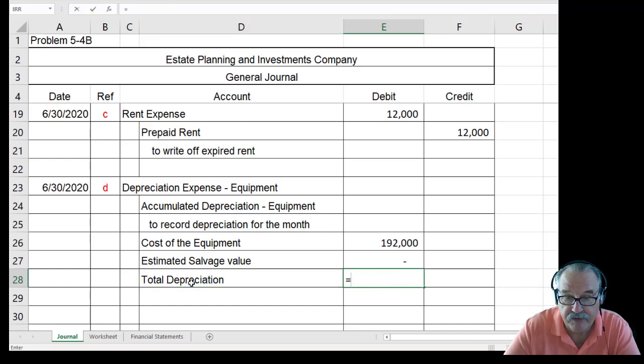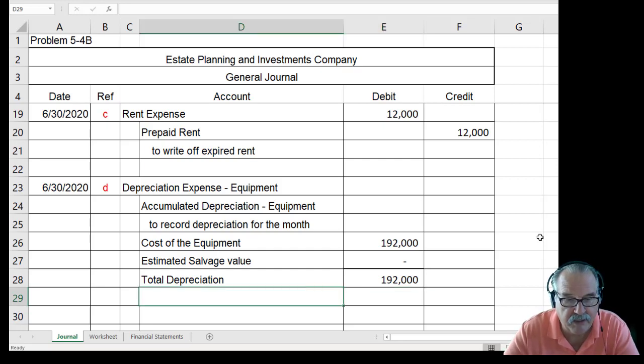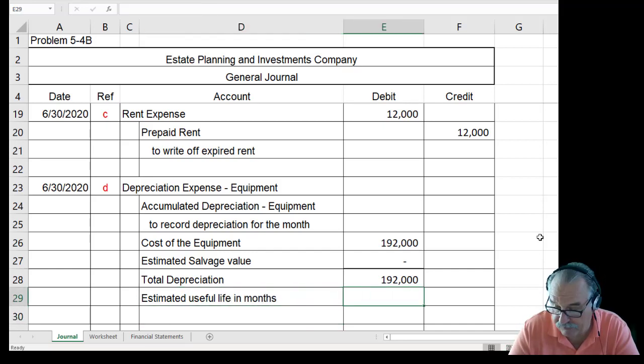So our total depreciation, that means from the time we started using it to the time that we're going to not use it anymore, which is 5 years, we're going to depreciate $192,000, which means it's going to go down to 0. Again, that's not typical, but that's the facts they gave us. The estimated useful life in months, we're only recording 1 month of depreciation here, is 60 months, 5 years.